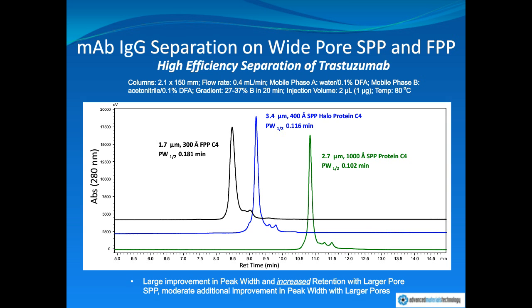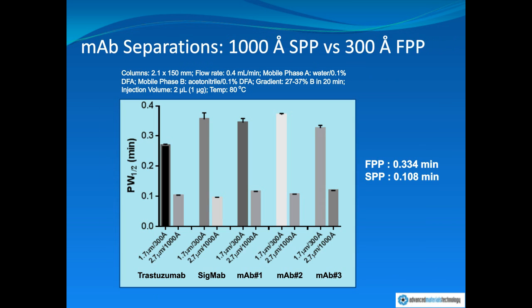The variants from the major peak, predominantly trisulfide and other sulfide variants, show a clear improvement in terms of separation efficiency. This is not unique to that monoclonal antibody.